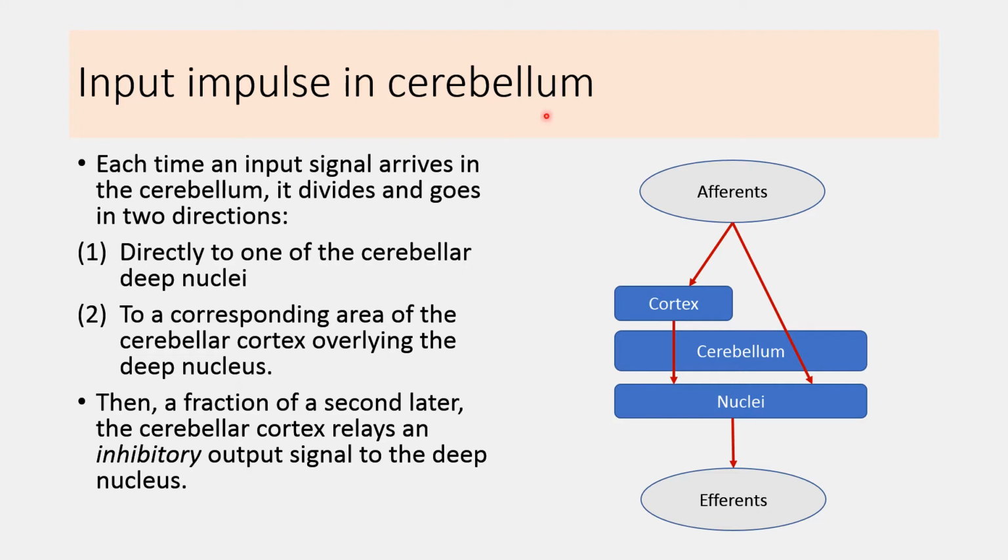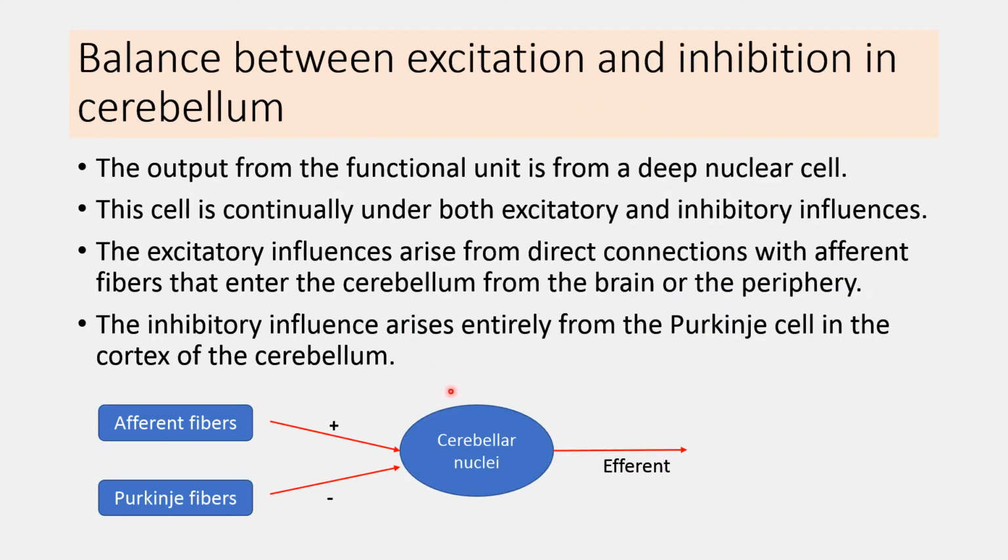Input impulses arrive in the cerebellum from the afferents, which relay information to the cerebellar cortex and the deep cerebellar nuclei, and from the cerebellar cortex again relay information to the Purkinje cells, and the deep cerebellar nuclei form efferents which carry information from the cerebellum. So the output from the functional unit of the cerebellum is through the cerebellar nuclei, which form the efferent or the output signals of the cerebellum.